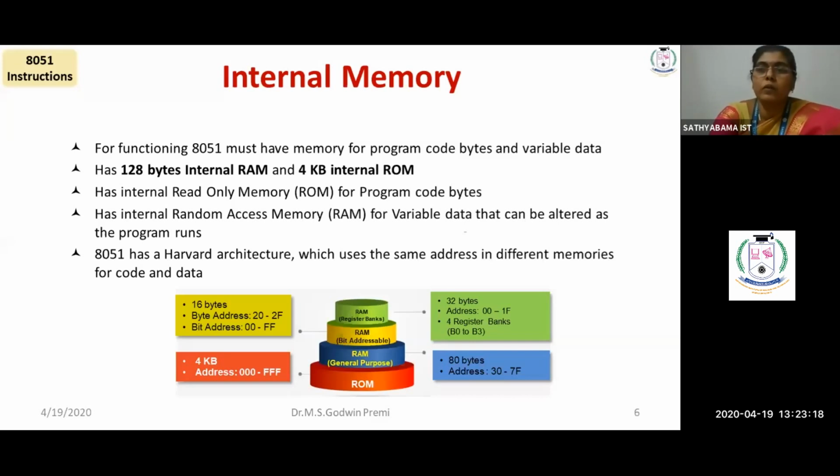As we know, 8051 has some internal memory, that is 128 bytes internal RAM and 4 kilobytes internal ROM. The 128 bytes internal RAM is the user data memory, and the 4 kilobytes internal ROM is the read only memory, where you can store the program code bytes. In internal RAM, you can store your data and operate with it.